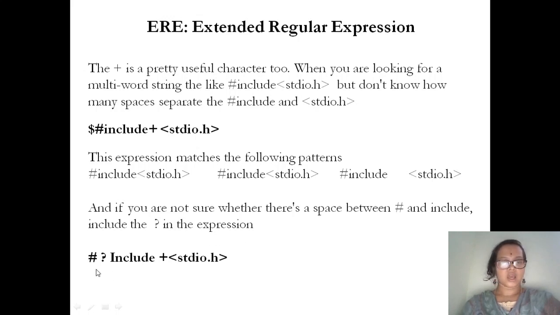So that is #include. See here, after the hash, one question mark is there, meaning a space is optional over here. And include plus stdio.h means it never matters how many spaces there are, and also if there is a space between the hash and include, then also it will be considered.